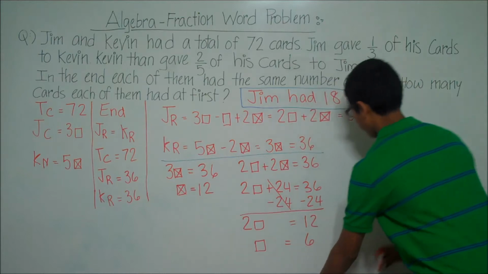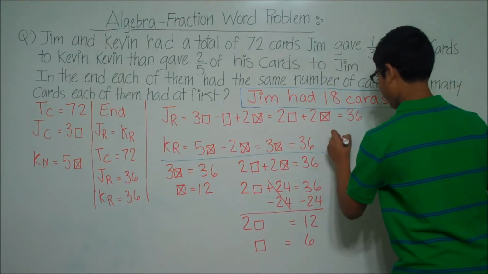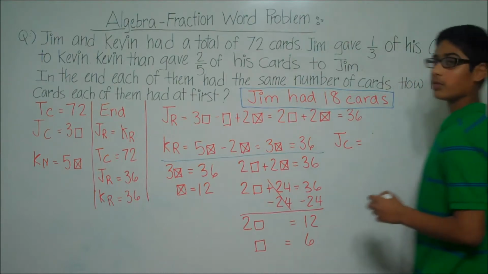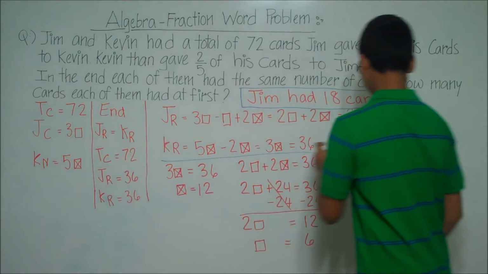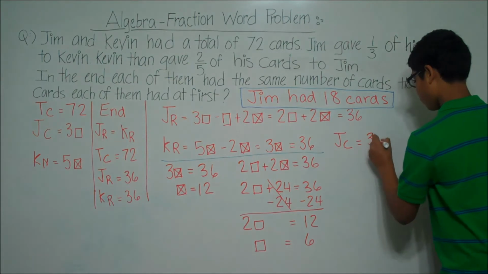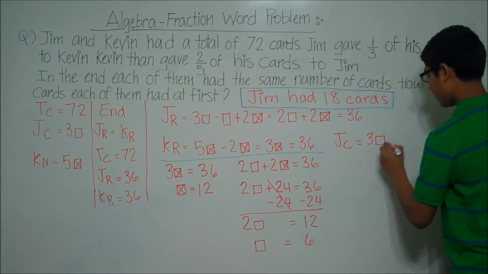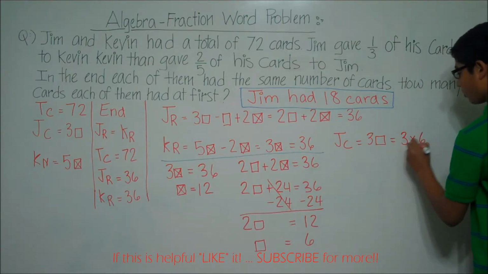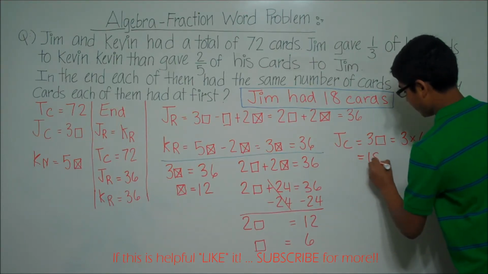So Jim's cards, J for Jim, C for cards, was equal to 3 units, which is equal to 3 times 6, which is equal to 18 cards.